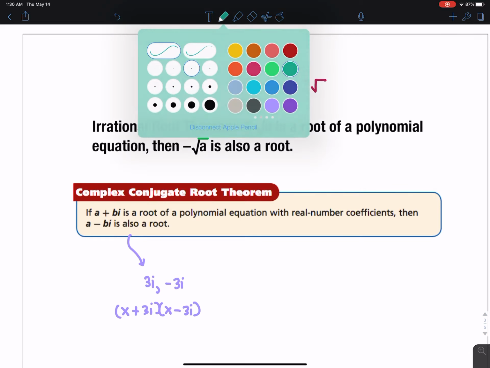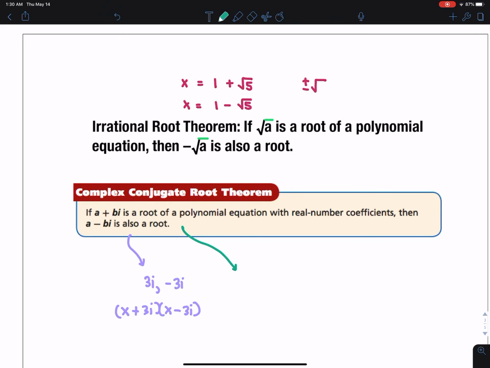Similarly, if we were given that 4i, negative 4i is a root, that means we would have x plus 4i and x minus 4i as factors. So anytime you see an imaginary, you need 2 factors. One's positive, one's negative. And anytime you see a root, you need 2 factors with 1 positive and 1 negative.